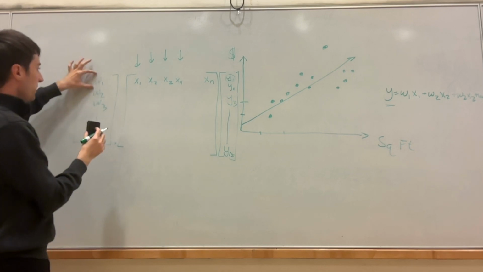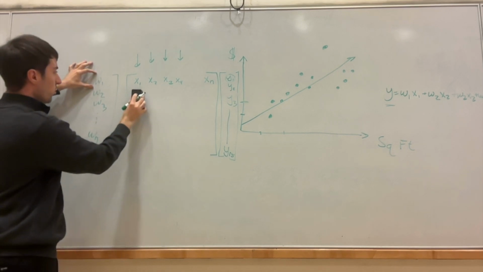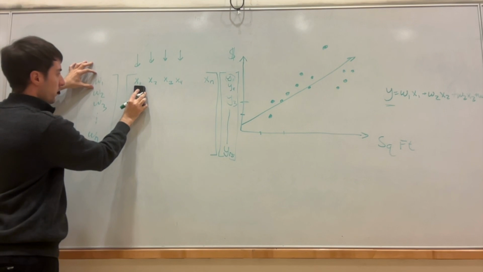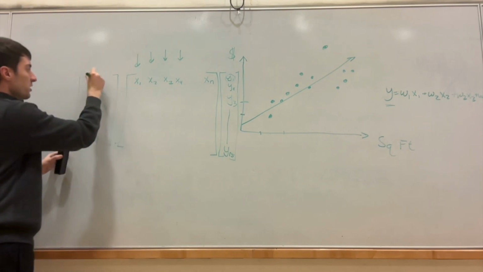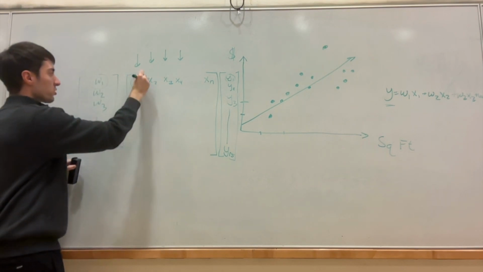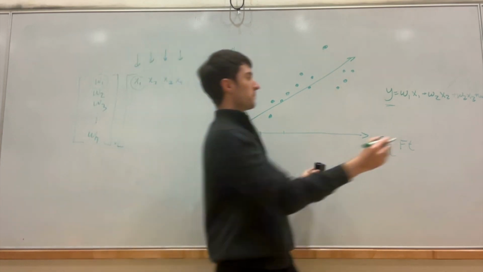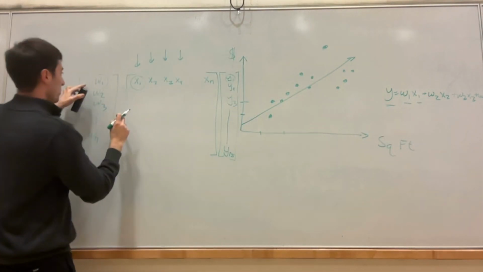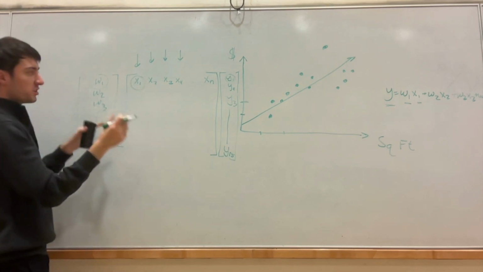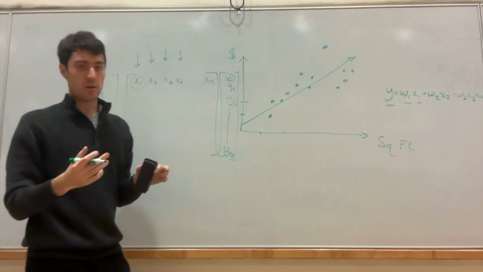Okay, so what are we going to do? We need to multiply this weight 1 by this x1, this weight 2 by this x2. We want each of these to multiply with its corresponding x, x1 with w1. We want these to multiply and then add together.